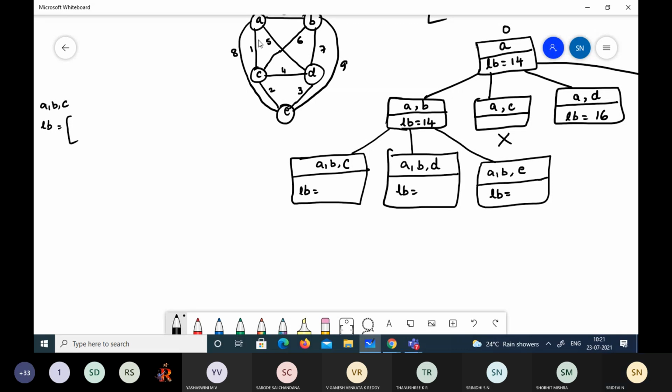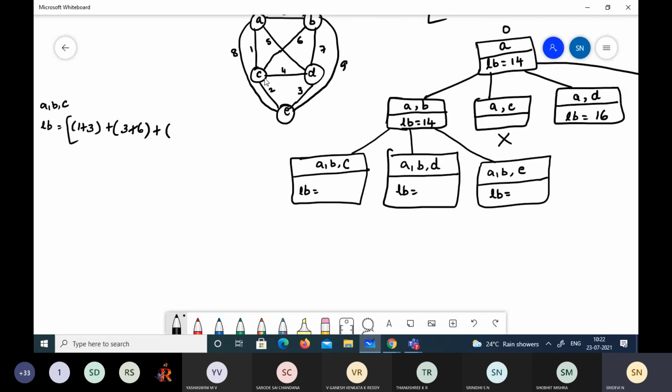So from A, which is the nearest city again? 1, and this is fixed, 1 and 3. So 1 plus 3. From B, this is already there. So 3 is already there. Now we have fixed B to C now. B to C we are fixing. So 6.